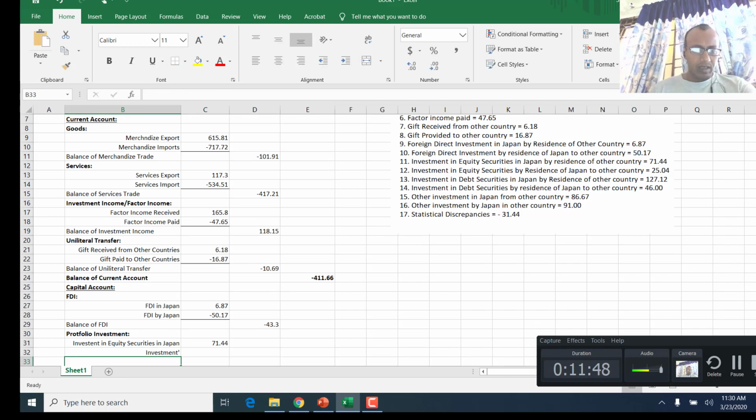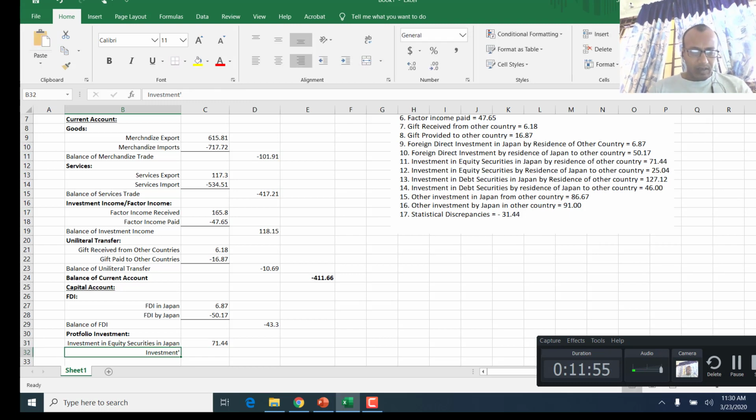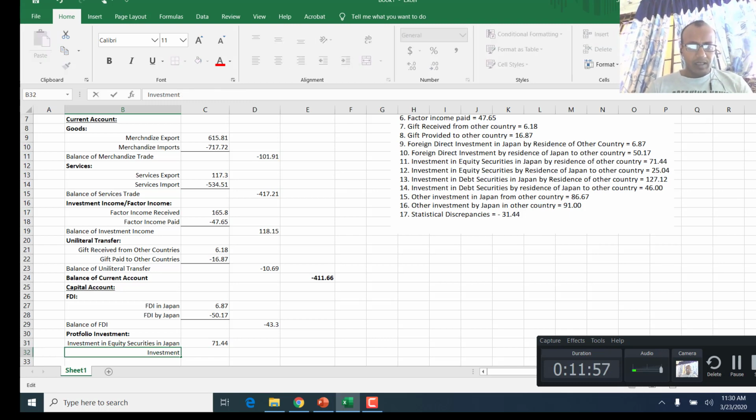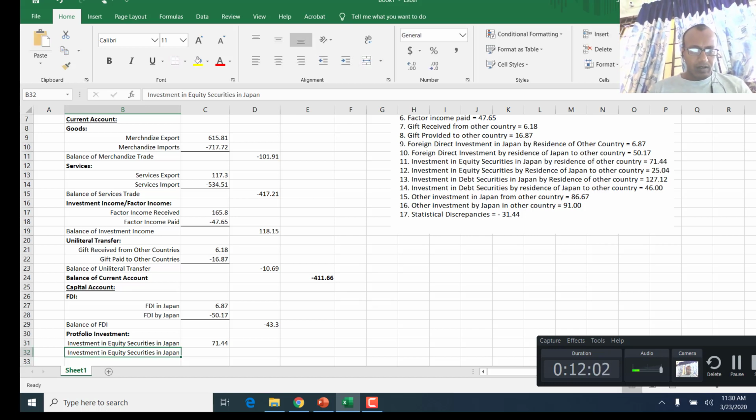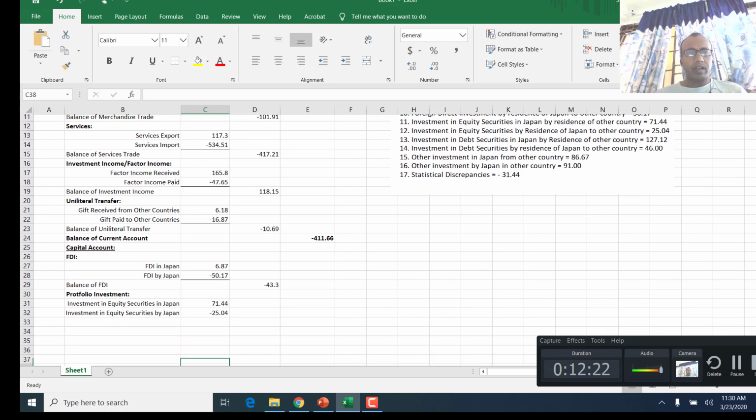Sorry, the spelling of investment is incorrect. Investment in equity securities by Japan, by Japan means the residents of Japan, in the transaction number is 25.04. As it's actually paid in foreign currency, it should be deducted.